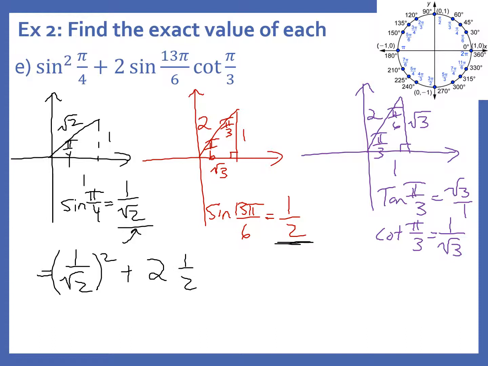So 2 times 1/2. And we're going to multiply that by cotangent pi over 3, which is 1 over root 3. 1 over root 2 squared is just 1/2. 2 times 1/2 is 1, times 1 over root 3 is just 1 over root 3.